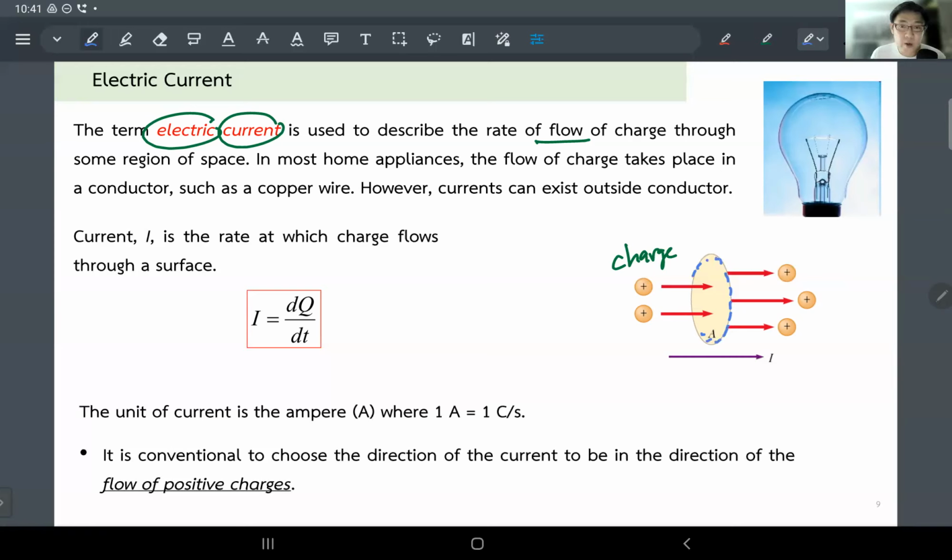You can imagine this very simply: you have an open door and you let the charge flow inside. Maybe you have a room, and you open up the door and the charge is flowing inside the room. And that cross section of the door will behave like a cross-sectional area over here.